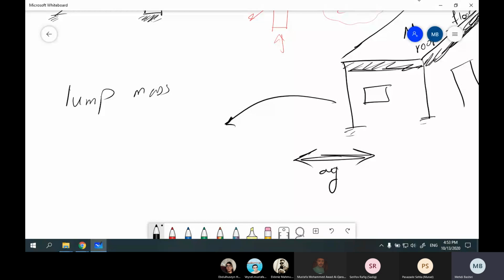In this method, we assume that the whole weight of the structure is like this, a concentrated mass, a lump mass. And this is the ground acceleration, AG.